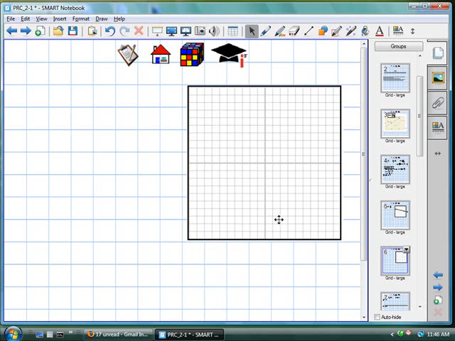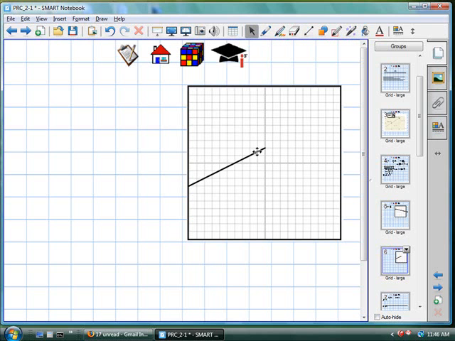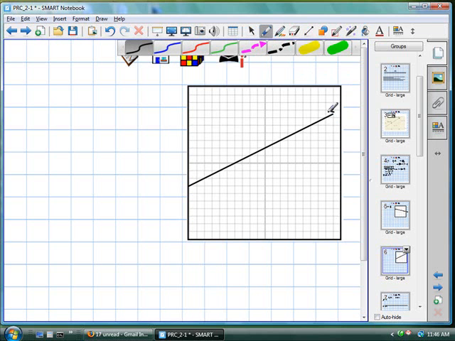So kind of go backwards from graph to equation. Okay, so here we go. Now let me stretch it out a little bit. Okay, what do you think?